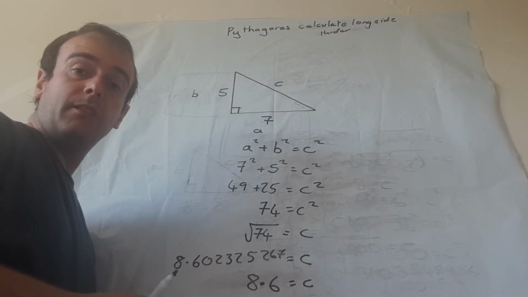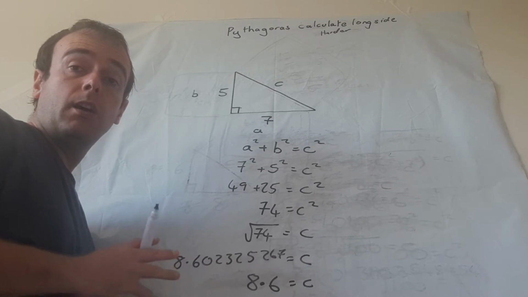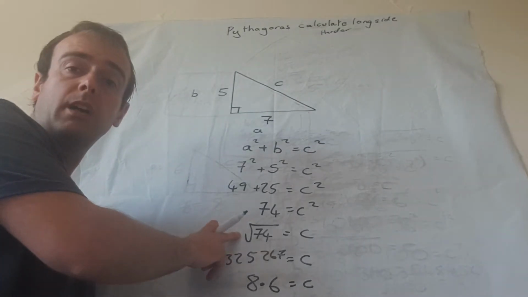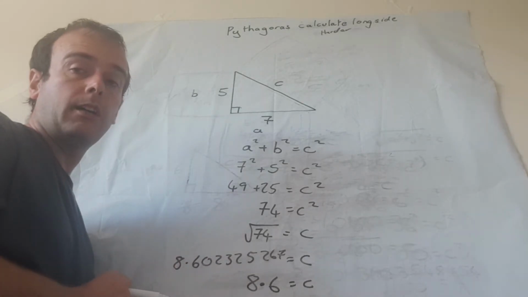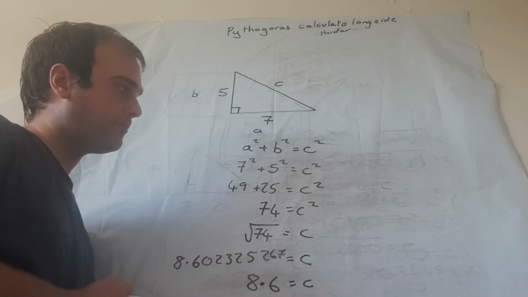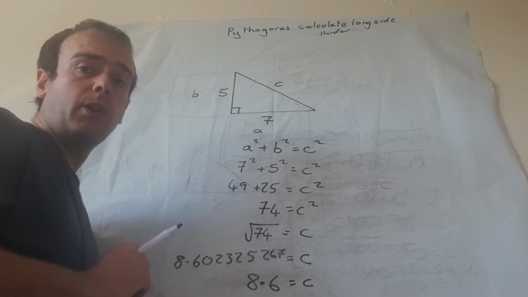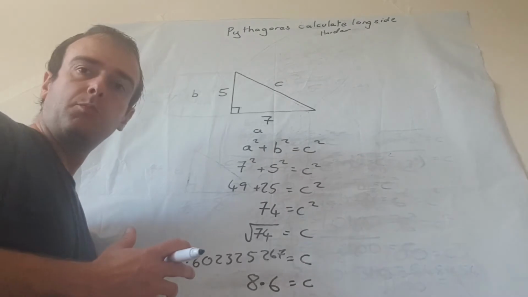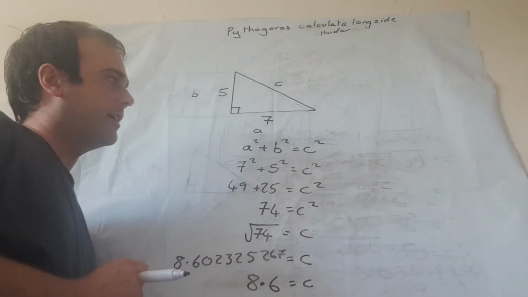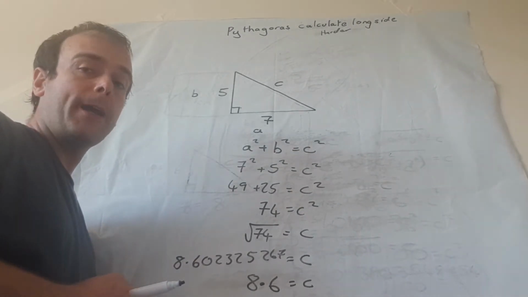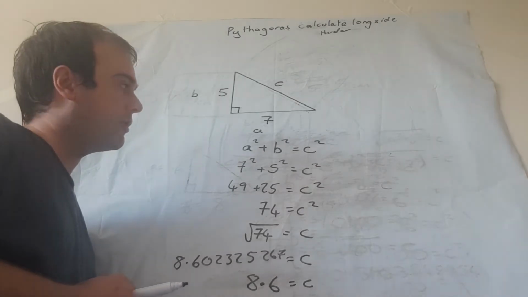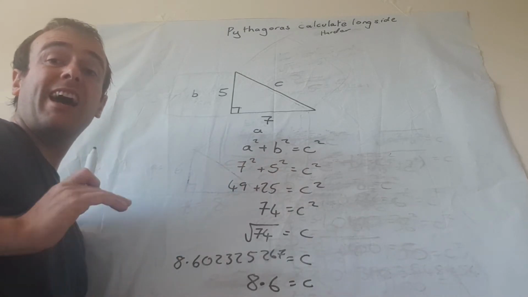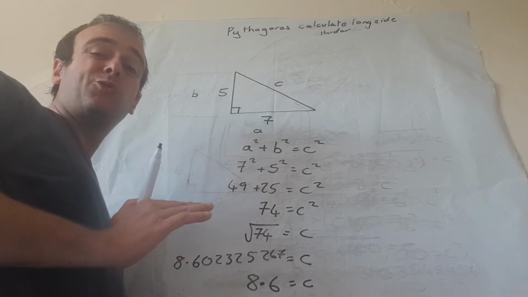And that's it. When it's dealing with numbers which don't square root nice and easily, you can always just reach for the calculator and let it work it out for you. Now, those of you who are confident with algebra, confident in science, where you'll rearrange a formula first, we could actually rearrange this so that we have C on its own straight away.